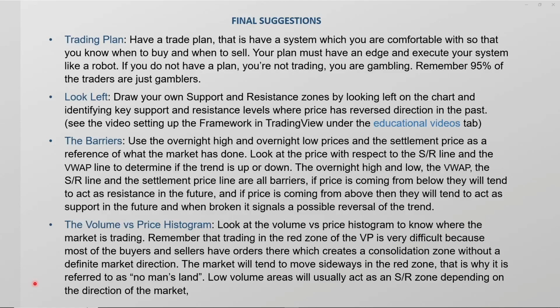The market will tend to move sideways in the red zone. That is why it is referred to as no man's land. Low volume areas will usually act as support or resistance, depending on the direction of the market.